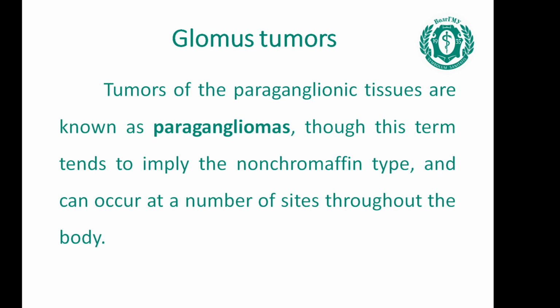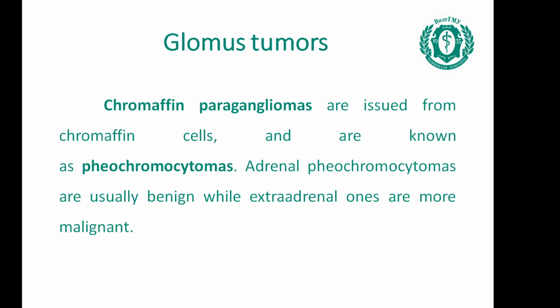Tumors of the paraganglionic tissues are known as paragangliomas, though this term tends to imply the non-chromaffin type and can occur at a number of sites throughout the body. Chromaffin paragangliomas are derived from chromaffin cells and are known as pheochromocytomas.